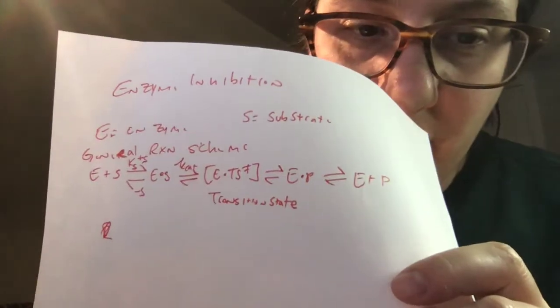So for reversible inhibition, we're going to recall that if we take that same equation, I'm just writing plus S and minus S over that arrow there.